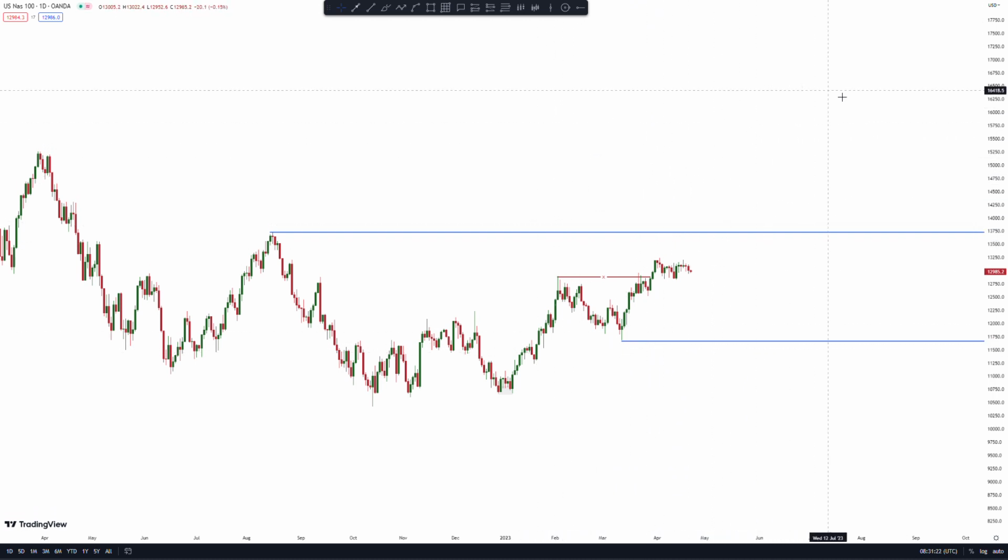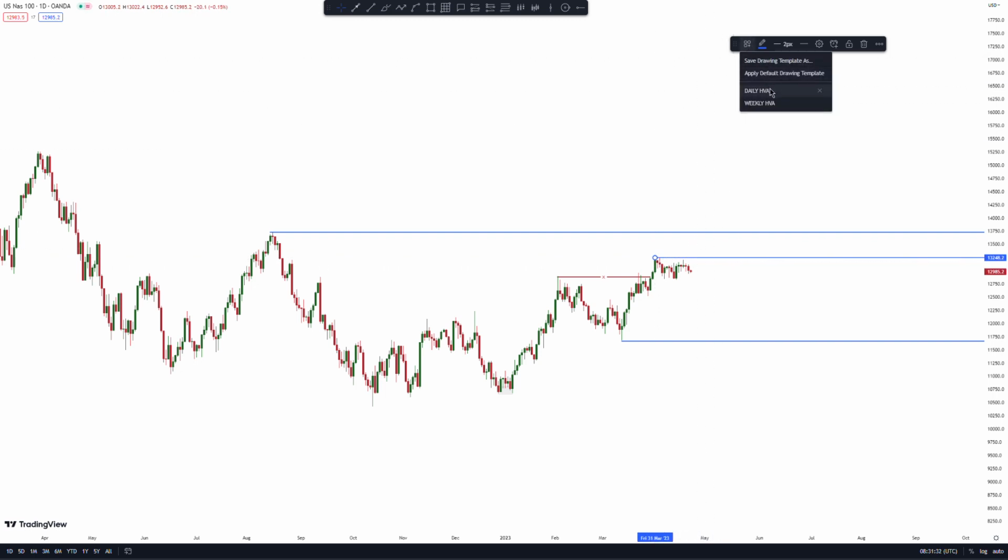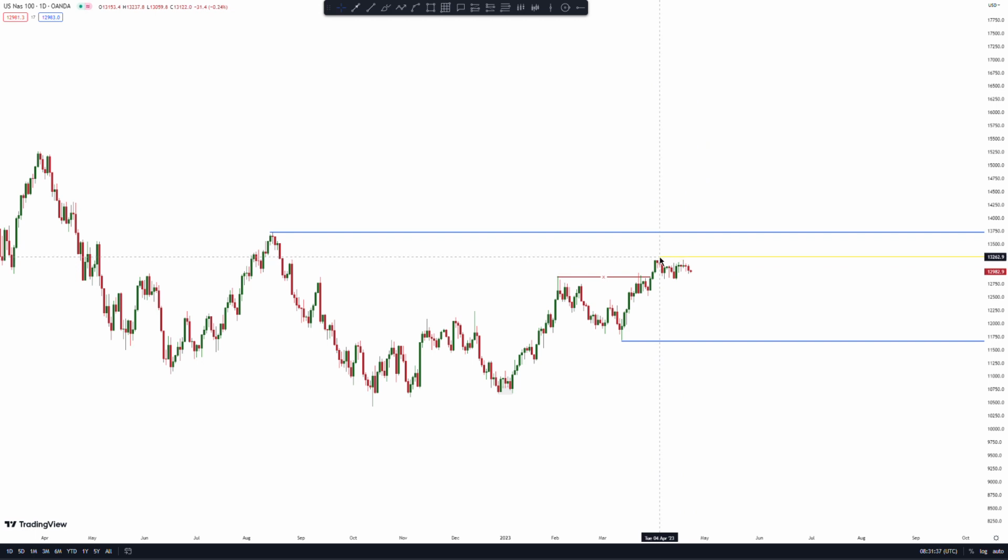So sorry, this will be our high, our daily high. Sorry, this will be our daily high, and I would just say, this is just me hypothetically saying, I'll just place this one here.